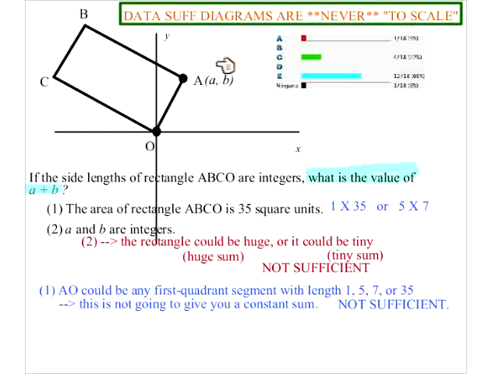Okay, back to what we're talking about. Yeah, we need to have a right triangle triple. This is significant because from statement 1, our possible lengths are 1, 5, 7, 35. Let's look at how we might get that. If you have integer squared plus integer squared equals 1 squared, this is impossible.